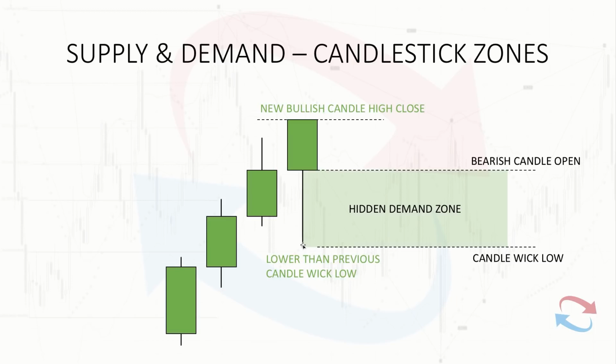This is where buyers throughout the day came in, saw this as potential, an absolute bargain, so much so that they pushed prices higher. So this type of candle, where you have bullish candles or even a bearish candle in the sequence, is what is known as hidden demand.